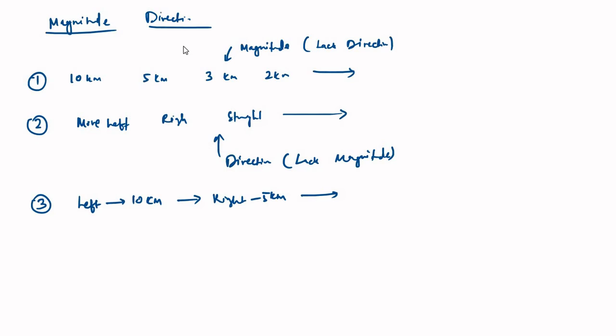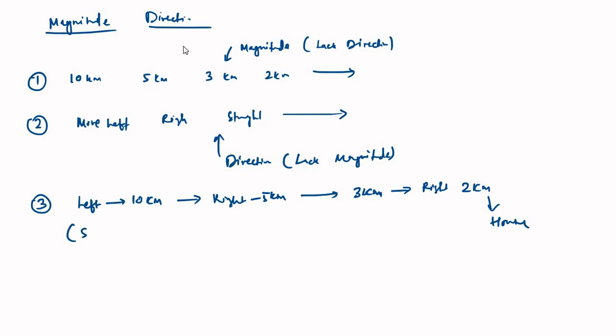From there you take straight 3 kilometers, and then let's say he says take the right side, the right direction, and walk 2 kilometers, then you will arrive at my house.